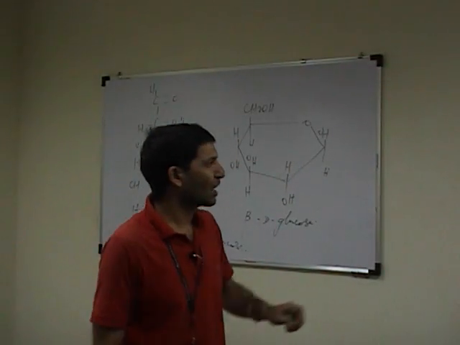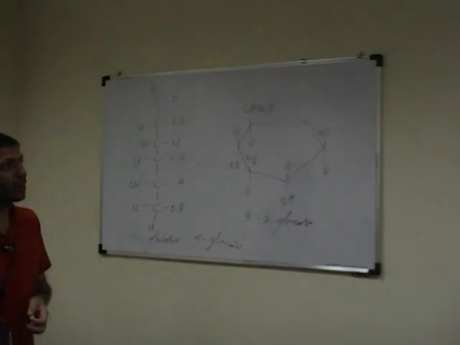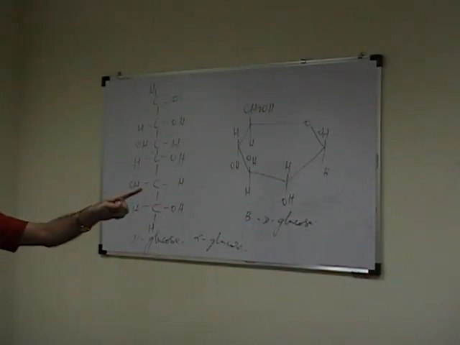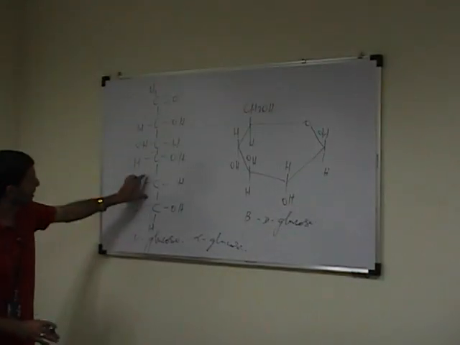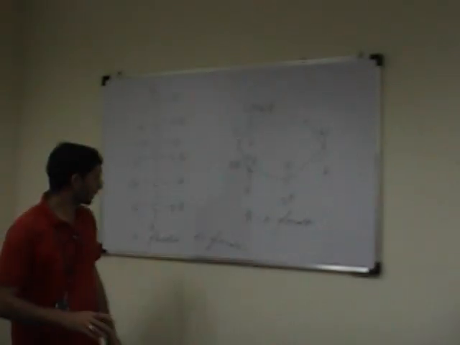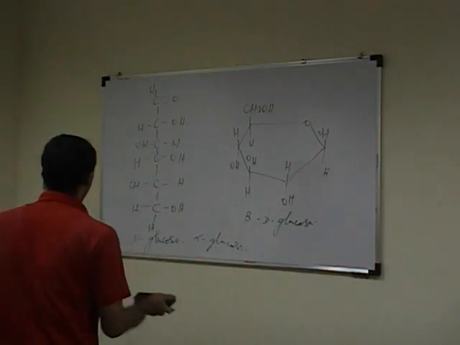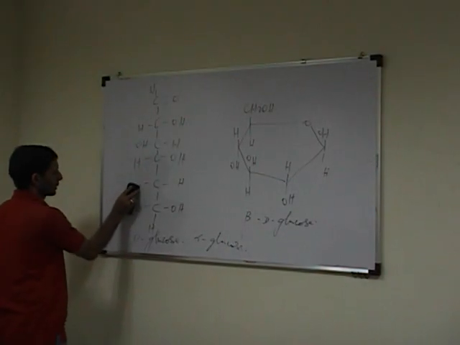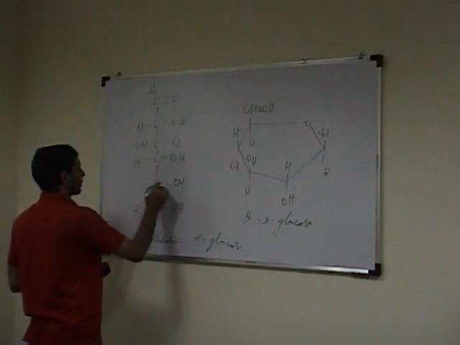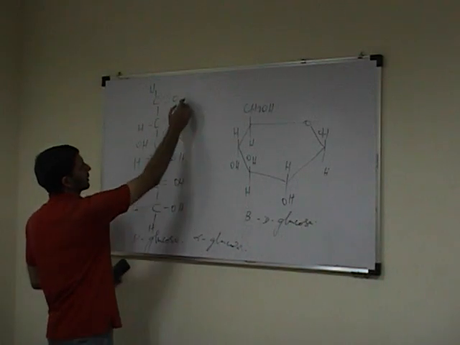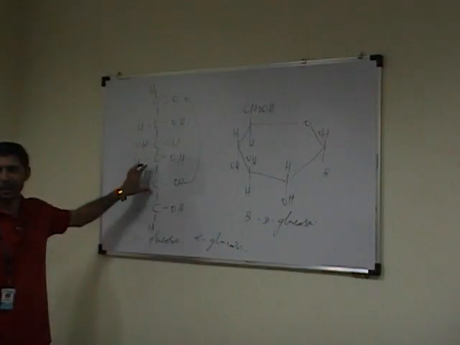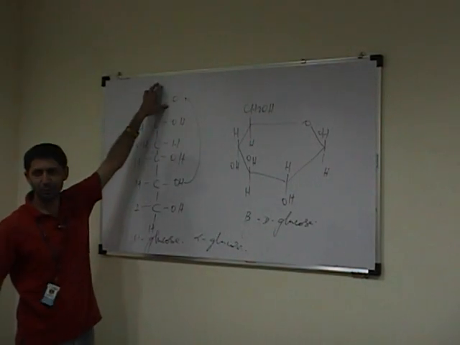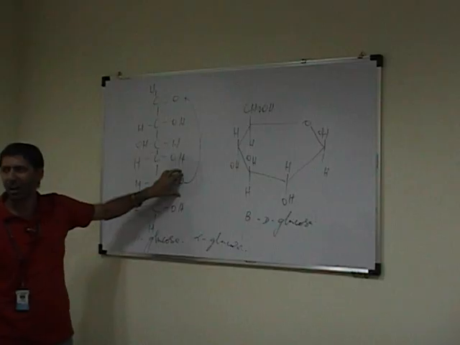Now, anomers. Isomeric forms of monosaccharides that differ only in their configuration about the hemiacetal or hemiketal carbon atoms. Actually, for the hemiacetal and hemiketal, here there is a reaction, this is the aldehyde group and this is the hydroxyl group.